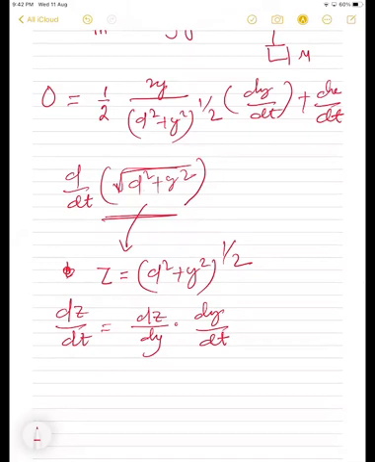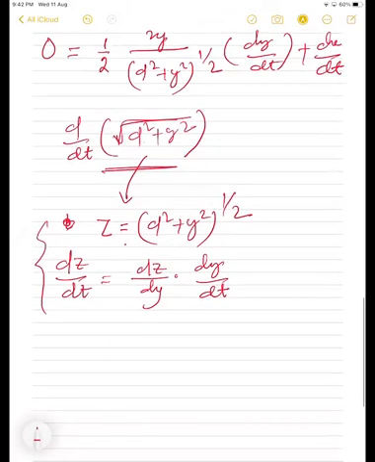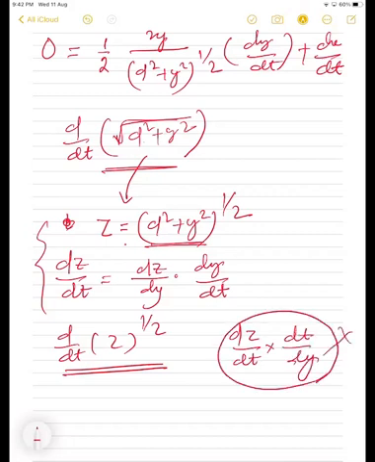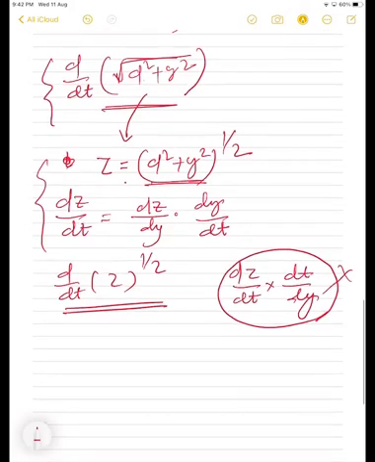We consider d square plus y square equal to z, so the total thing will be d by dt of z to the power half. We want to write it like this, dz by dt into dt by dy. But actually this is not required; we want to find d by dt, so we have to write in that format.